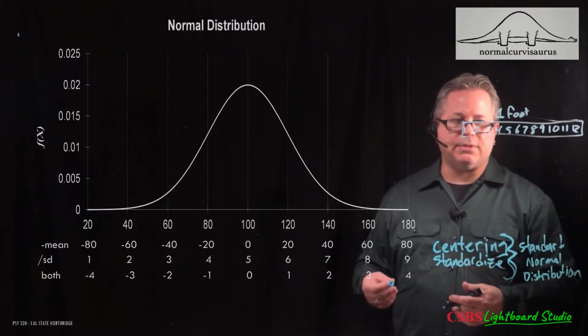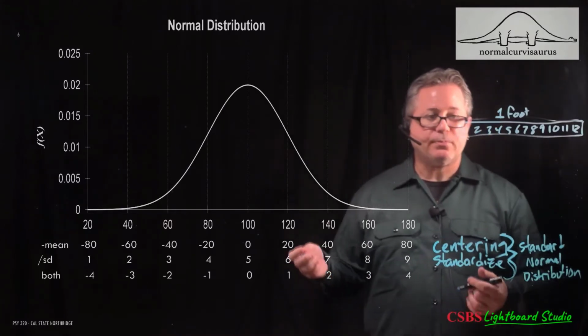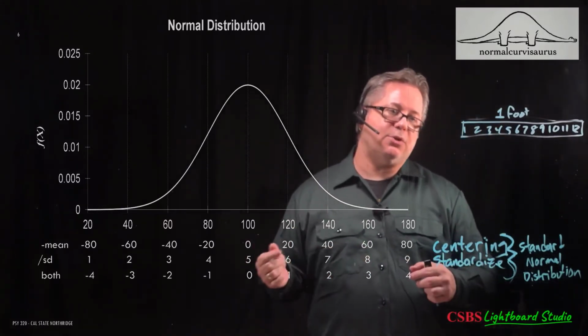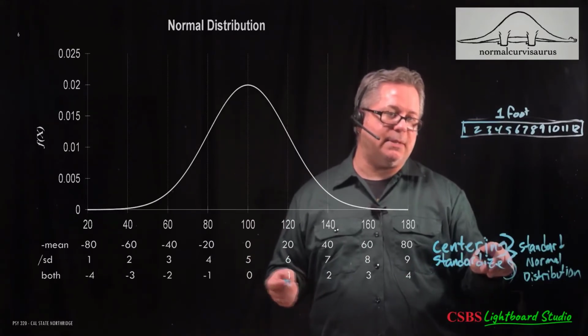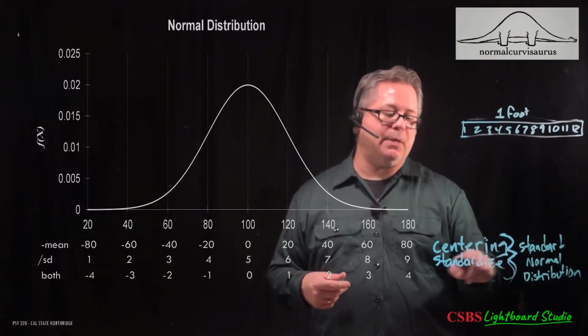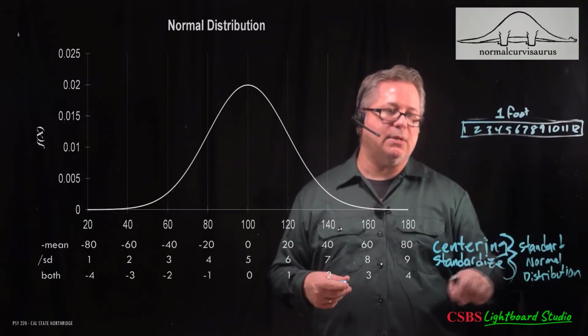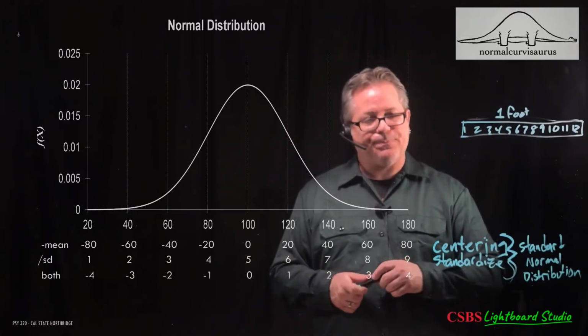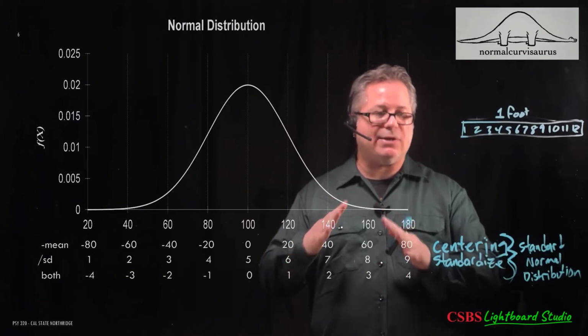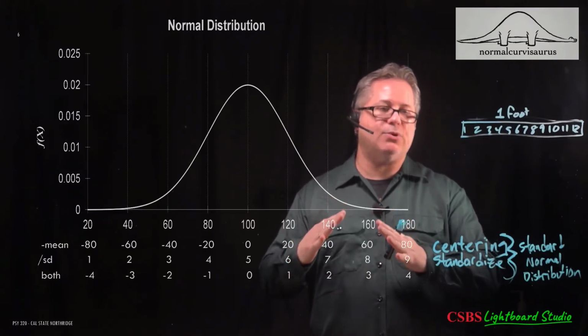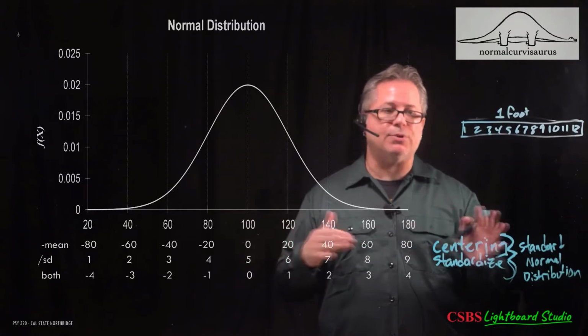So the only difference is a normal distribution has been converted to a standard normal by centering the data, by subtracting the mean from everything, and then also standardizing the data by dividing by the standard deviation. And what that does is it creates a standard distribution with which we can compare all distributions to.